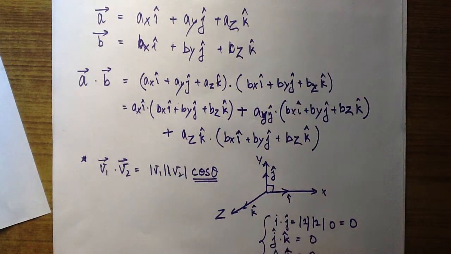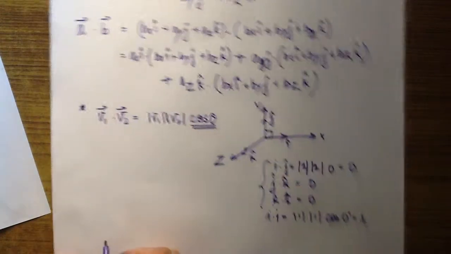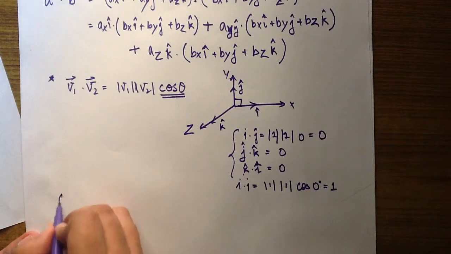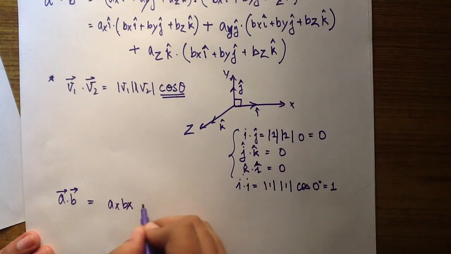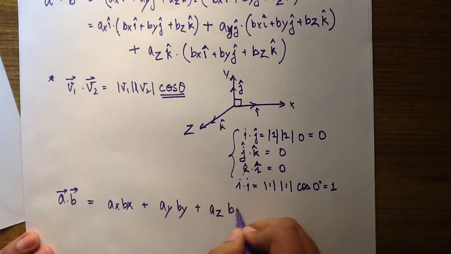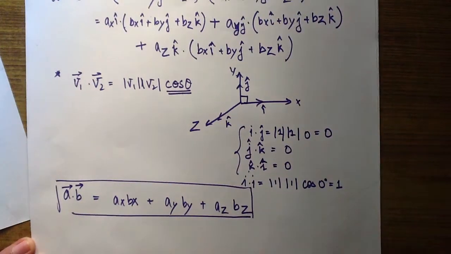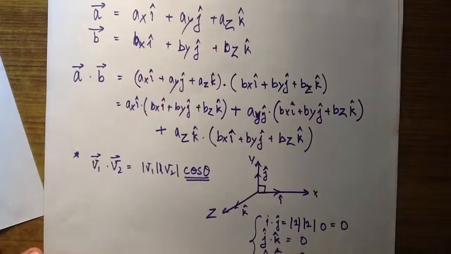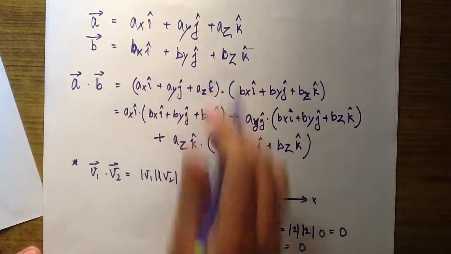Well, i dot i would be equal to 1 multiplied by 1 multiplied by cosine of 0 degrees, which is equal to 1. So I can therefore write a dot b as equal to ax bx plus ay by plus az bz. And this is a very important result that we get from representing a and b vectors this way.